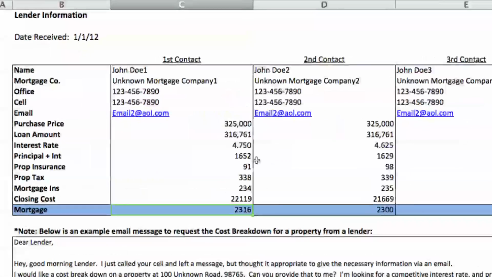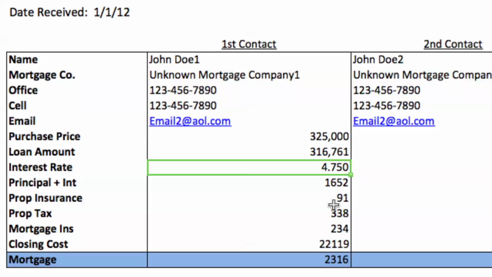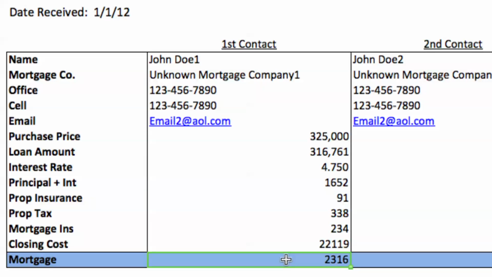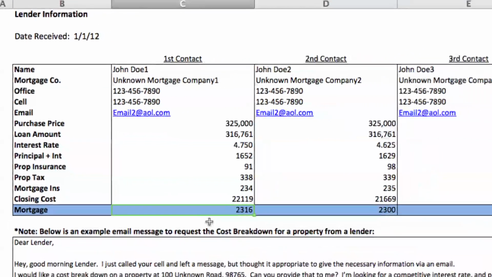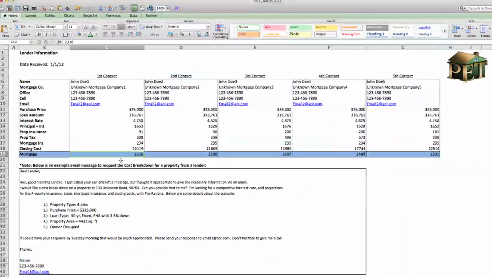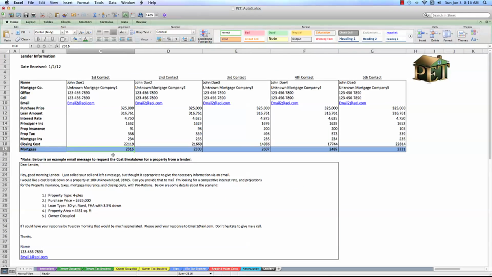As you can see here, the interest rate, property insurance, property tax, etc., and then the mortgage. So it lets you see very transparently, either through a good faith estimate that the bank or the lender had provided, or perhaps just a general email of information of an estimate of what the mortgage will actually be. And it makes it very transparent to see.